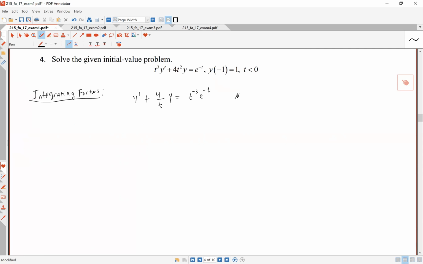Our integrating factor mu is e to the integral of 4 over t dt. Integral of 4 over t is 4 natural log of t.